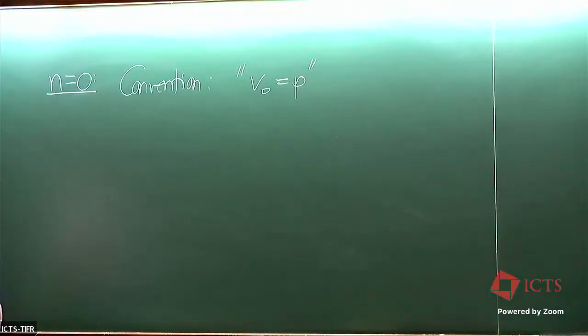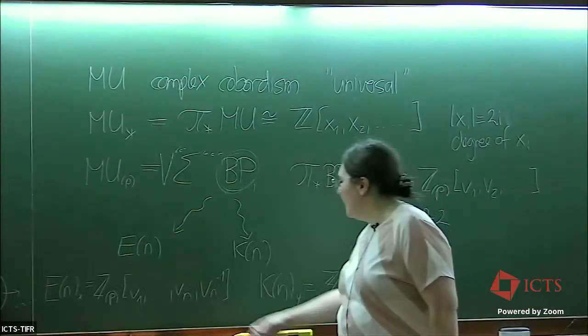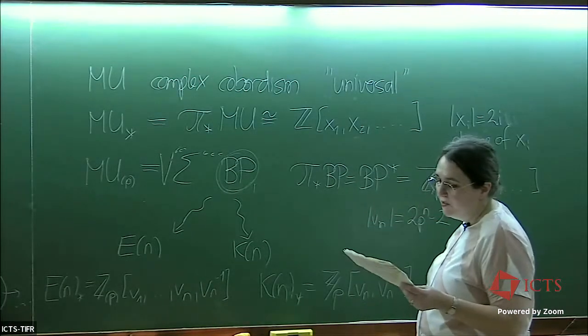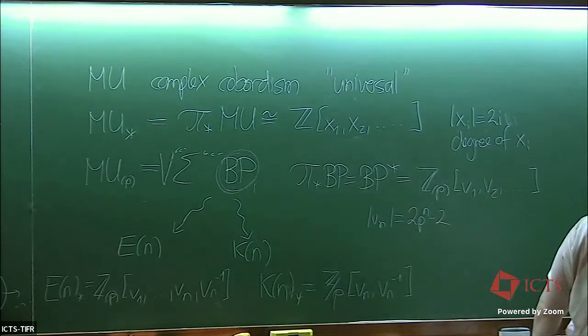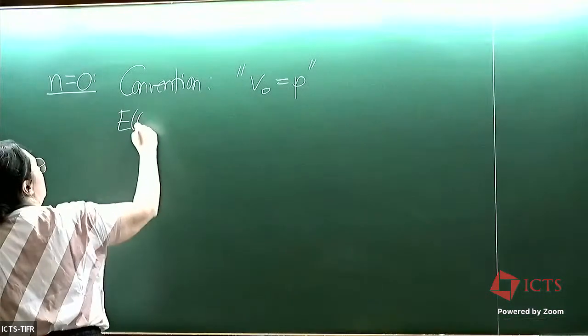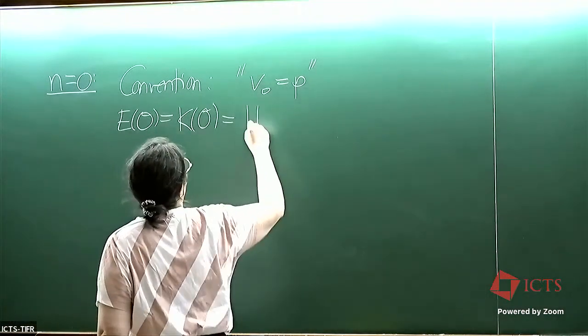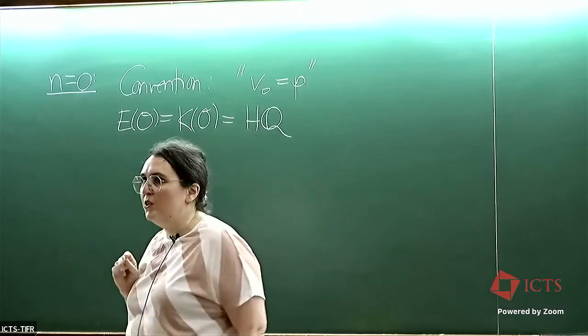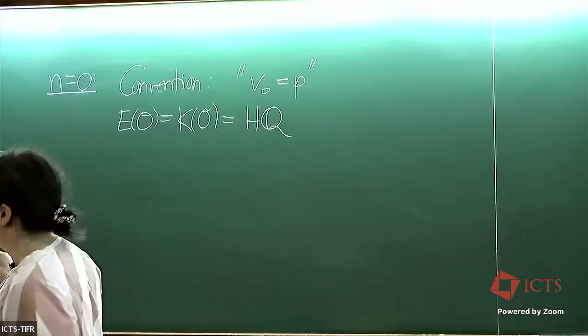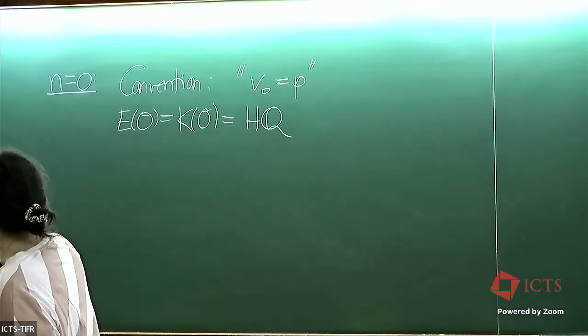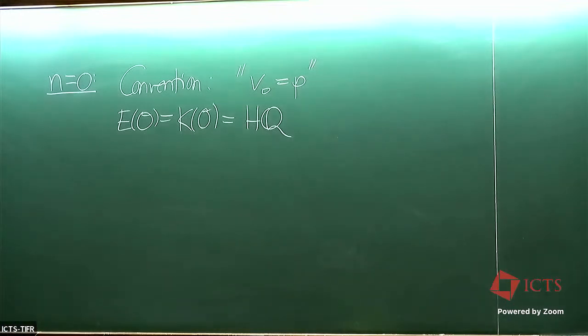And therefore, if you are here and you formally invert your p, the convention really is that E naught and K naught is just HQ. So if we said we would like to localize with respect to E naught or K naught, it is just rationalization.